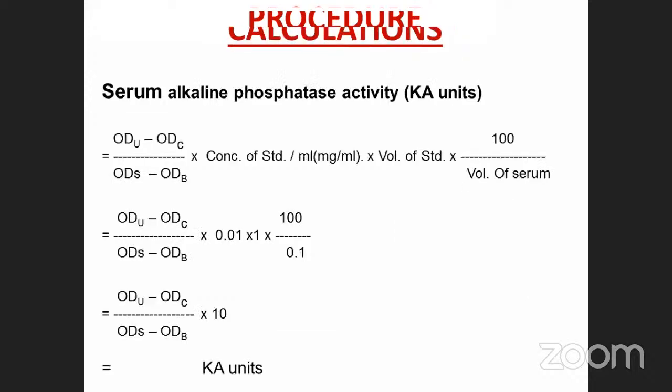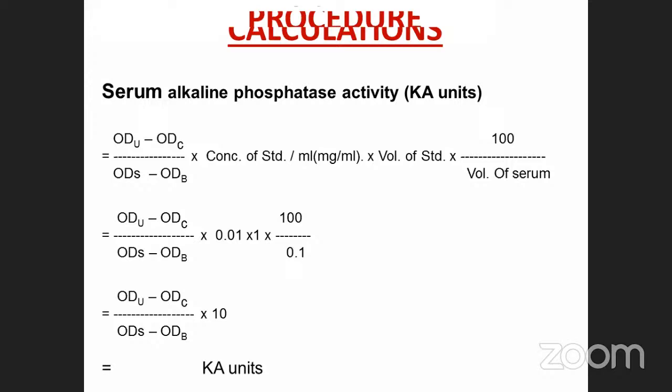Then see the calculation. This formula is used for the calculation of serum alkaline phosphatase activity in King Armstrong unit.